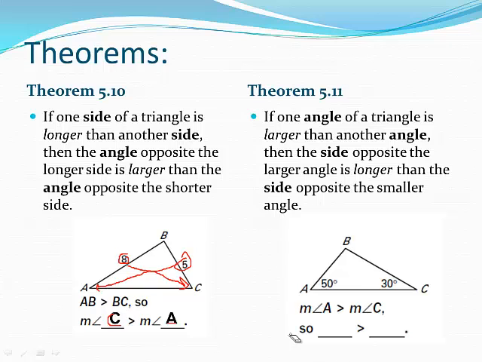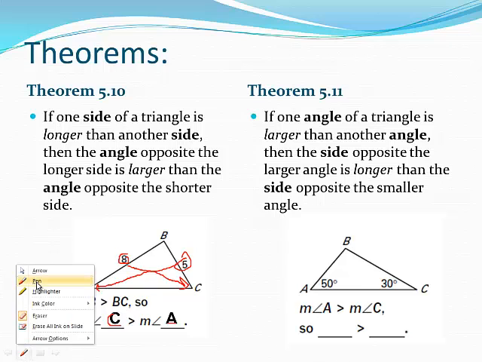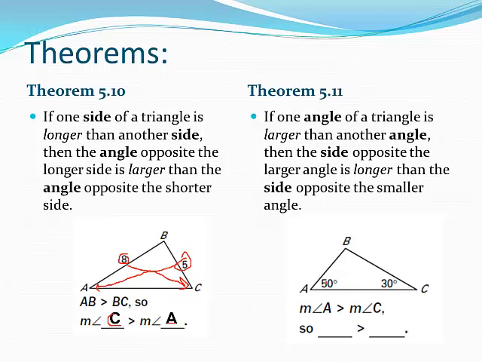Think of the angle as a mouth: you can conclude that BC is greater than AB, just because the angle opposite BC is greater than the angle opposite AB.